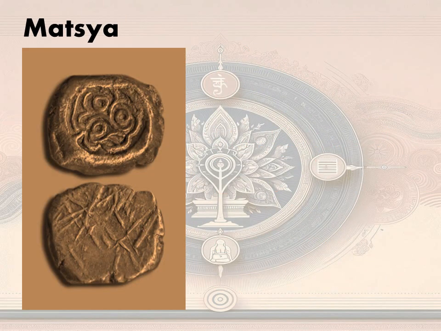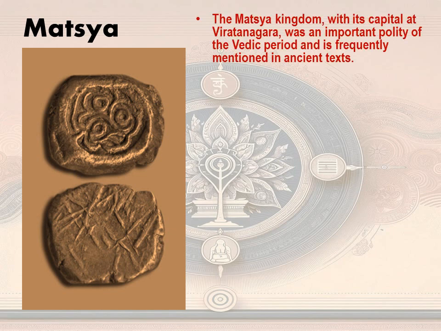Matsya. Matsya is another important kingdom which has also been mentioned numerous times in Mahabharata. We know Raja Virat hailed from the kingdom of Matsya. The Matsya kingdom, with its capital at Viratanagar, was an important polity of the Vedic period, and it's frequently mentioned in the ancient text.